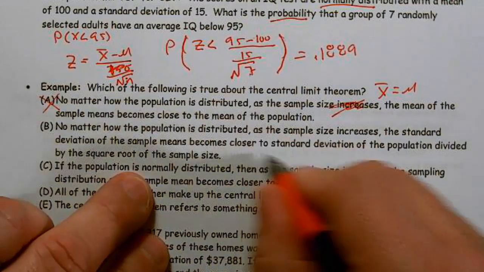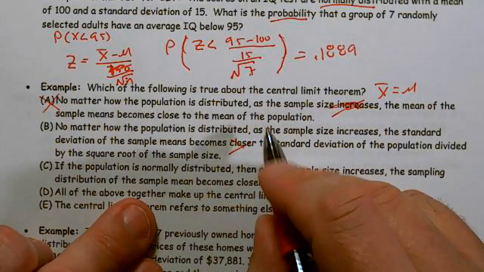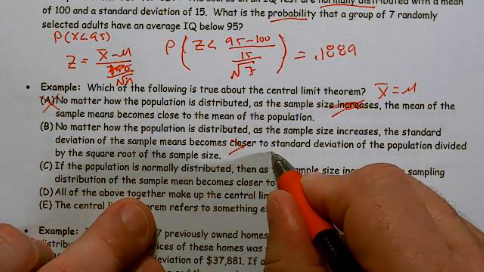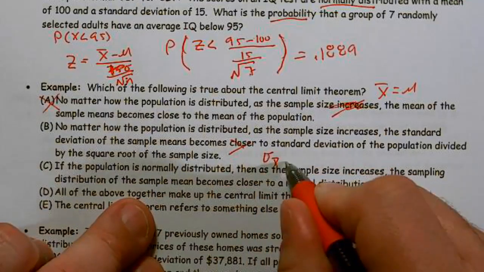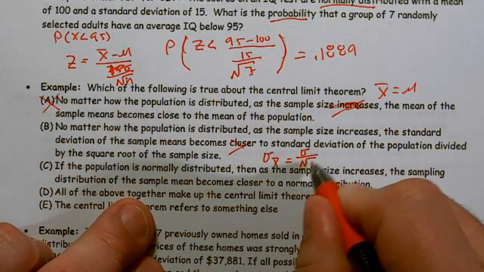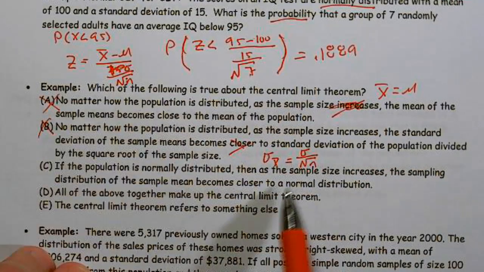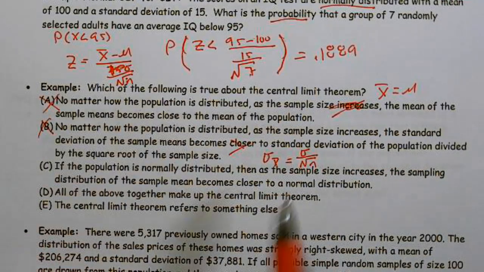No, it doesn't become closer. Regardless of the underlying distribution and regardless of the sample size, the standard deviation of the X bars does equal the standard deviation of the population divided by the square root of n. It doesn't become closer, it just plain equals it regardless of the sample size.